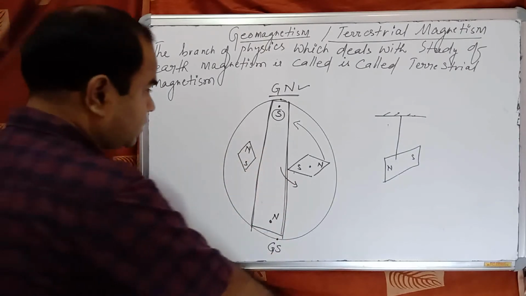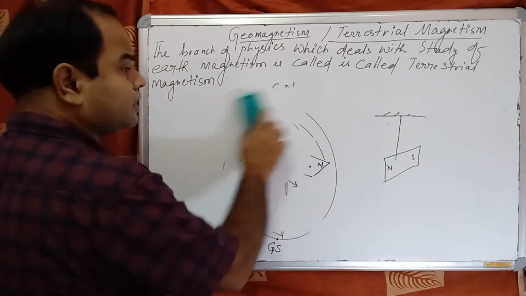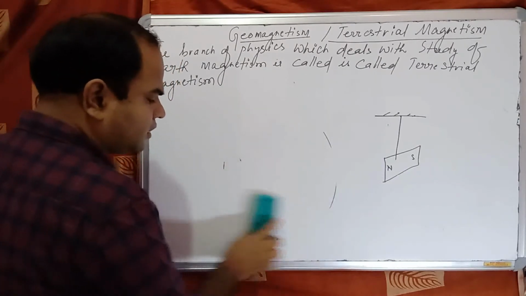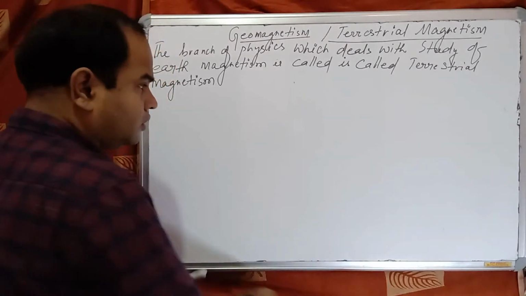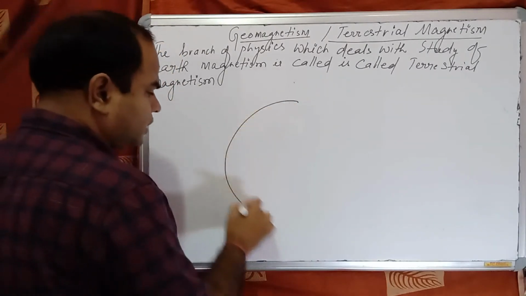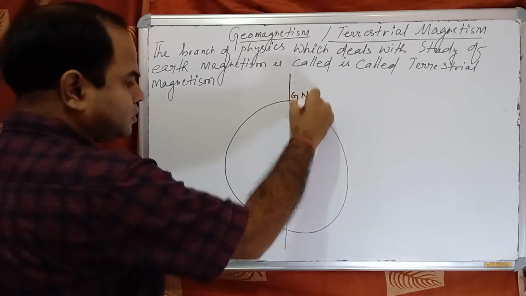If you consider this earth and the earth magnet, because earth is a huge magnet, this is the geometrical north and this is the geometrical south.